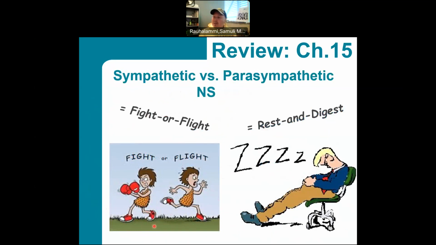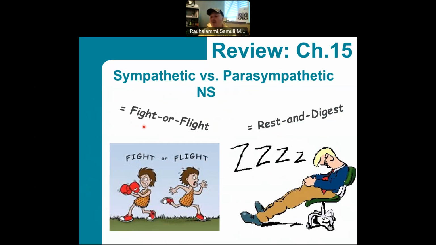So when we're talking about the sympathetic nervous system being activated, these are physiological responses that aim for our survival, either through fighting against the threat that might exist, or helping us escape from that situation where the threat might exist.